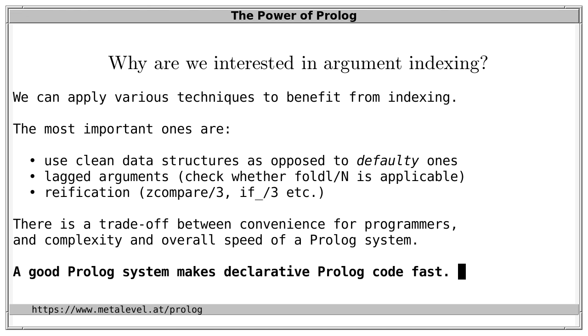And a sensible guideline for implementers is that a good Prolog system makes declarative Prolog code fast, because the declarative nature of Prolog is of course a great attraction. So it's good if declarative code is fast. And moreover, declarative code is quite easy to reason about and also easy to rewrite. And that makes many automated optimizations feasible.